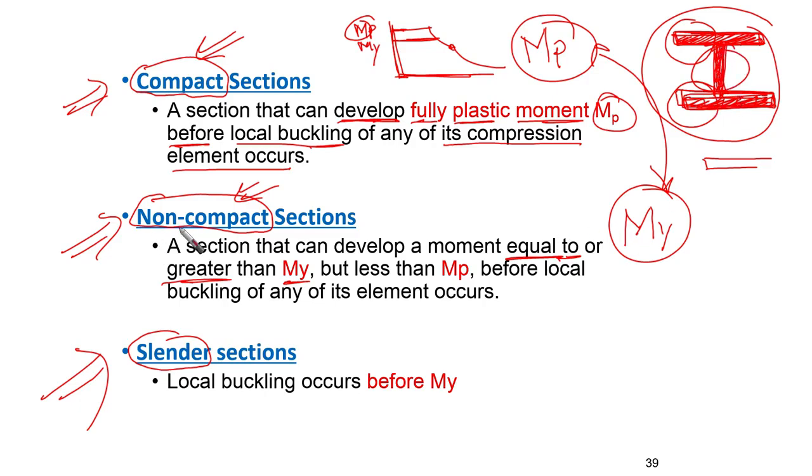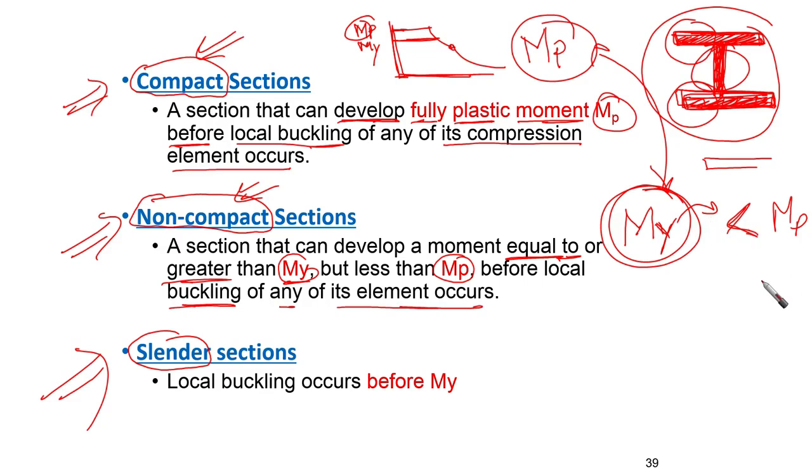However, in case of non-compact, the section can develop a moment equal to or greater than M yield, but less than MP, before local buckling of any of its elements occurs. So part of the section is going to provide M yield, and maybe a little bit of excess, more than M yield, but always less than MP.